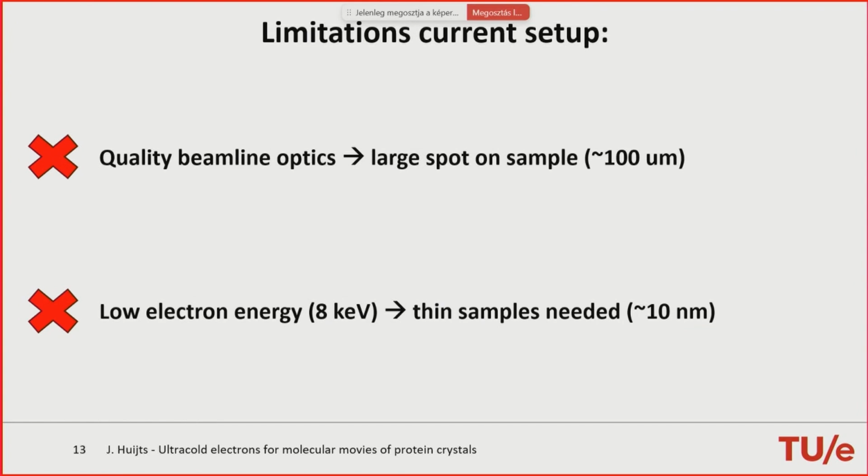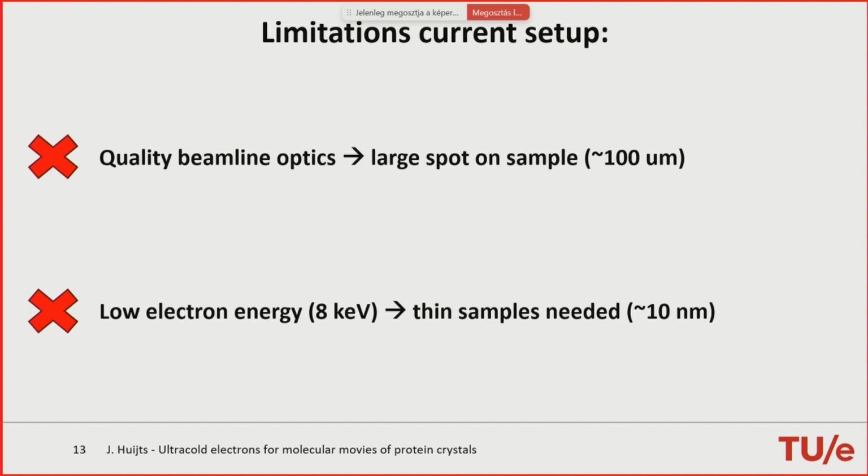And that is the current status of the project, where we are currently limited by 2 important problems in the setup. Firstly, the electron optics in the beamline at the moment are still of rather low quality, which was fine for the proof of principles that have been done until now.